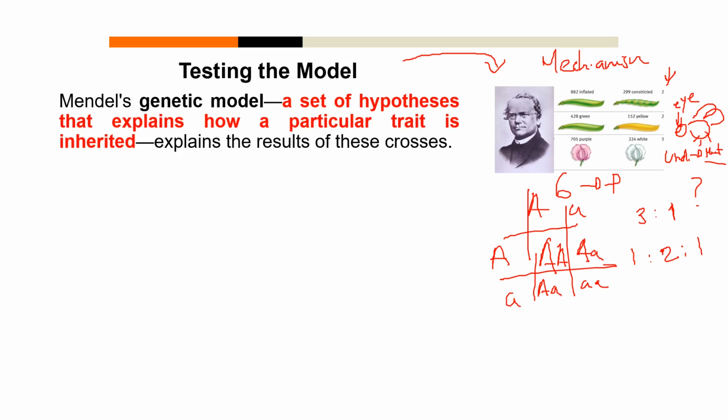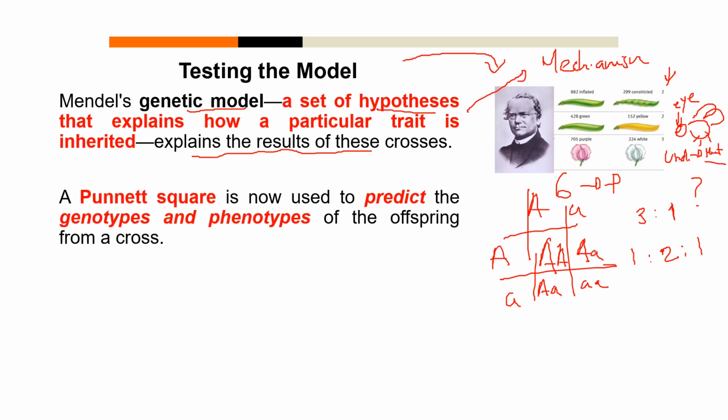So remember, Mendel created this fantastic model that was used by many scientists for many years. However, it only had hypotheses, but we needed to explain those results and find the mechanism.